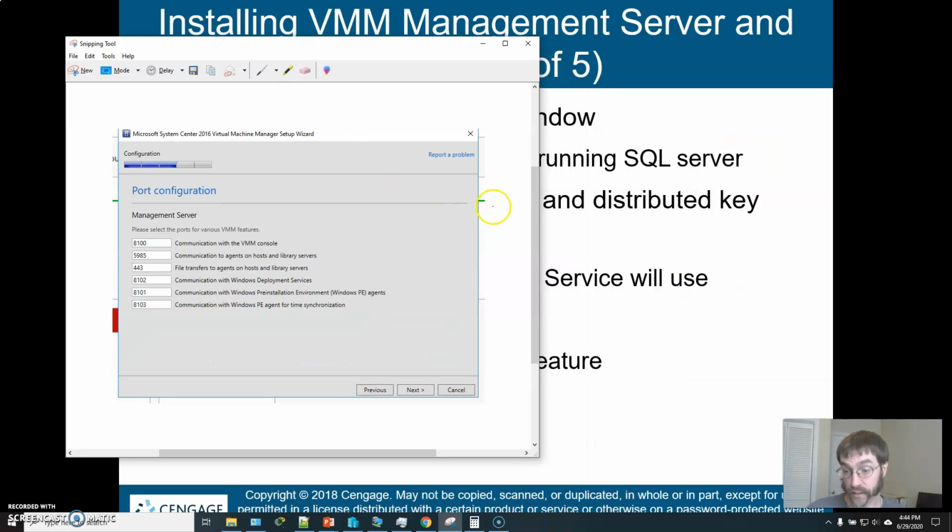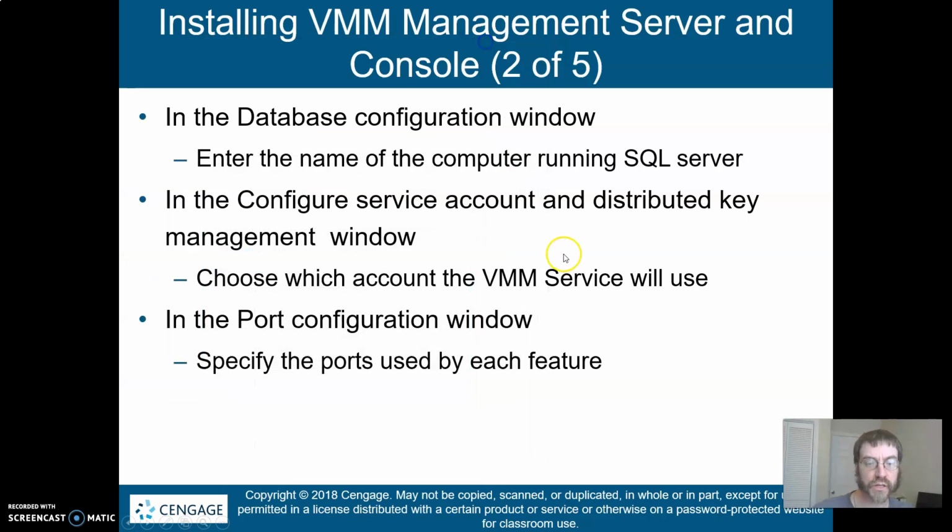These ports right here are from the snip that I took when I was doing this. So you've got your VMM console port, 8100, your SSL port, some other ports in the 8100 range, and a port to talk to your library servers.